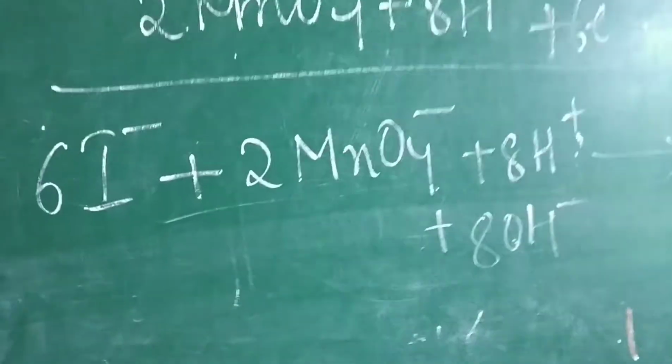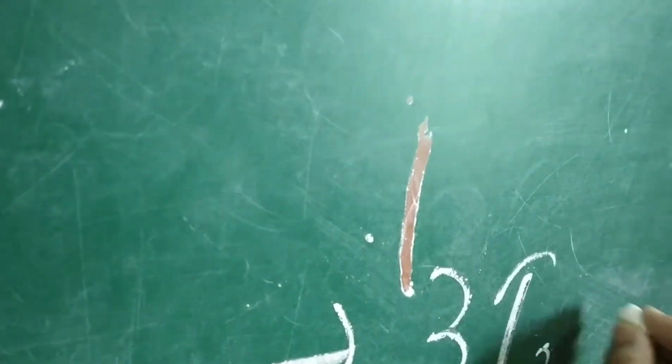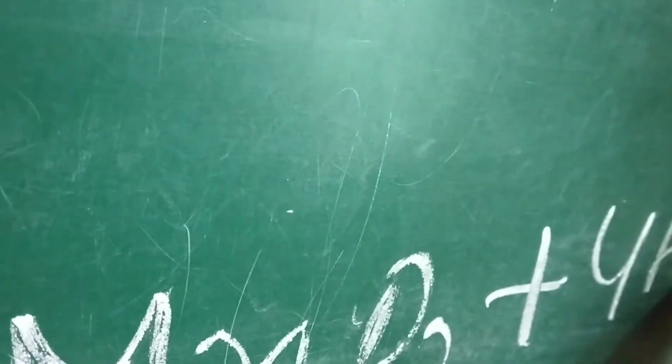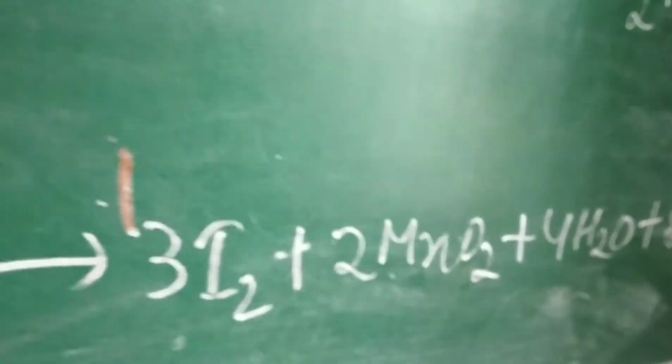So we will rewrite this equation as 6I minus plus 2MnO4 minus plus 8 H2O giving 3I2 plus 2MnO2 plus 4H2O plus 8OH minus.